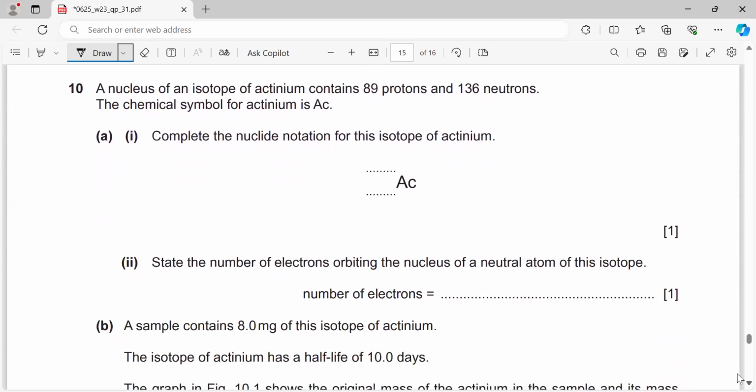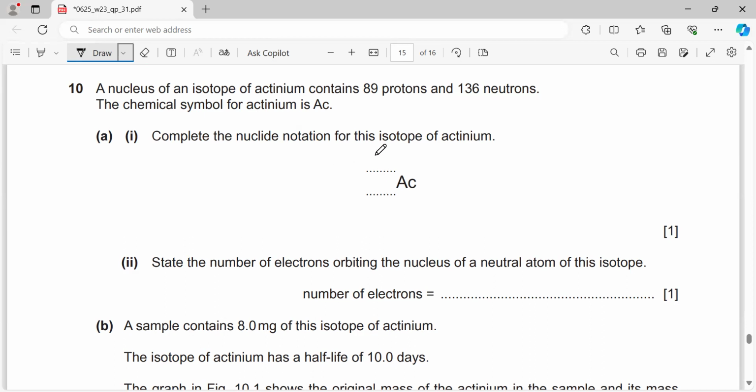Then, a nucleus of an isotope of actinium contains 89 protons and 136 neutrons. The chemical symbol of actinium is Ac. Complete the nuclide notation for this isotope of actinium.